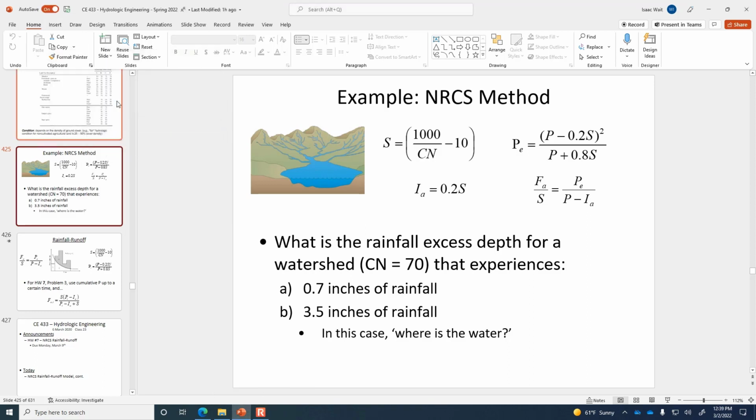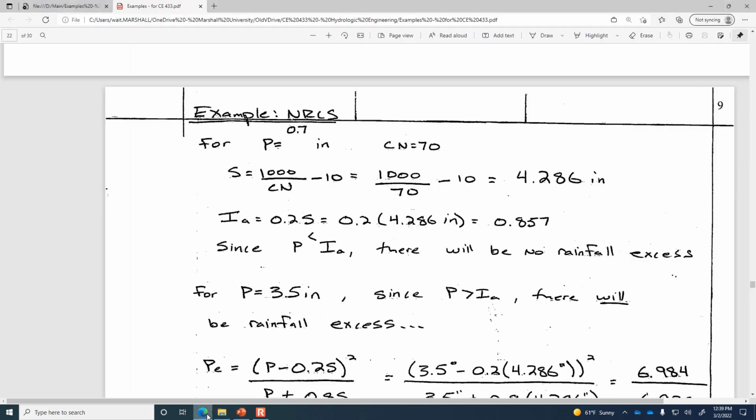You can see already on the whiteboard I mentioned that if there's 0.7 inches of rainfall, we're not going to see any excess because it doesn't satisfy the initial abstractions. So a watershed where the soil and land use combined give us a curve number of 70, the potential for storage is 4.286 inches.